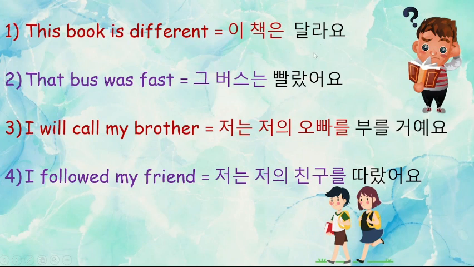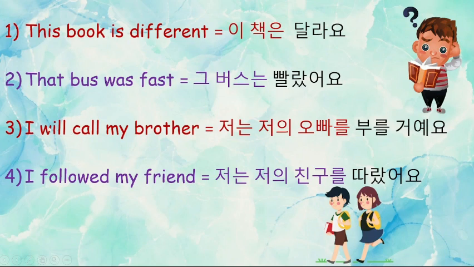So, according to the irregular, in present tense, it will be 달라요. Okay? Next is, that bus was fast. 그 버스는 빨랐어요. That is 그, bus, 버스, and to be fast is 빠르다. So, in the past tense, according to the rules of the irregular conjugation, it will be 빨랐어요.